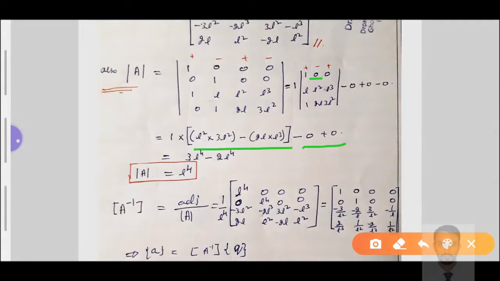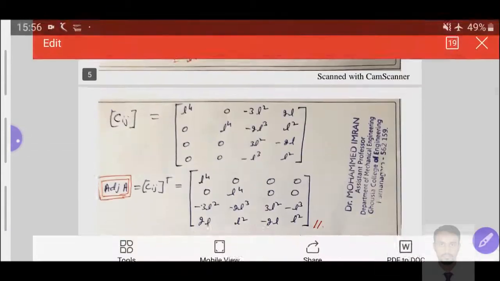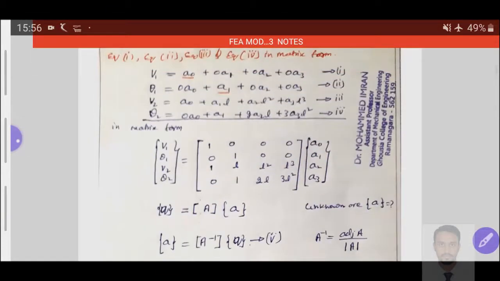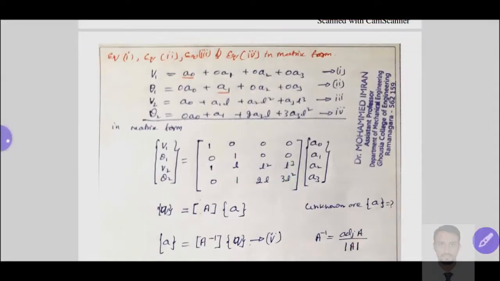Then rearrange this equation: 1 into L square into 3L square is 3L power 4, minus 2L into L cube, which is 2L power 4. 3L power 4 minus 2L power 4 is L power 4. The determinant of this matrix that we have derived is L power 4.